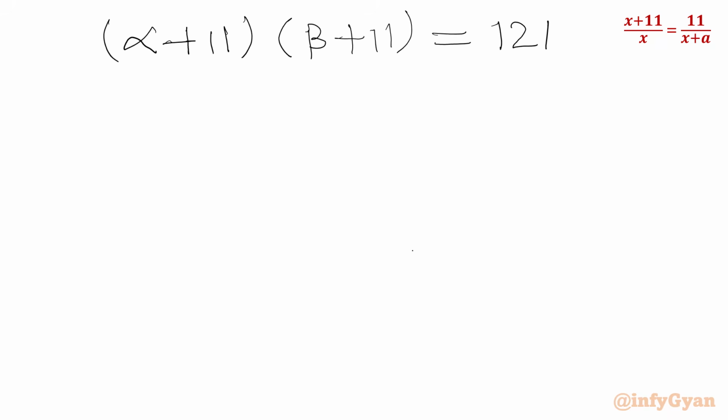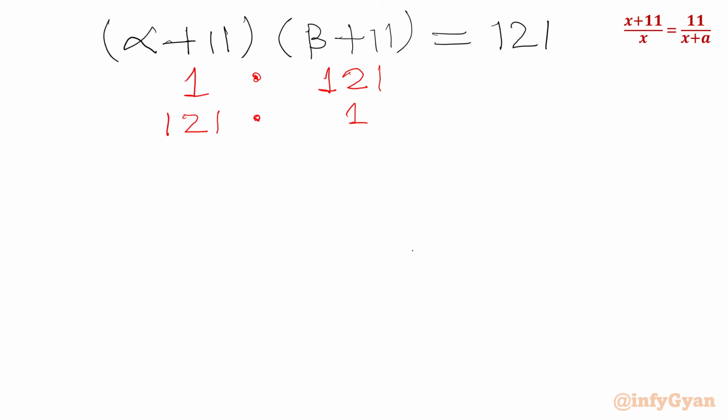We are looking for distinct integer solutions or distinct integer roots. So I can begin with, if alpha plus 11 bracket is 1, and beta plus 11 bracket is 121, then we are going to get this product 121. If alpha plus 11 is 121 and beta plus 11 bracket is 1, then also we will get product 121.